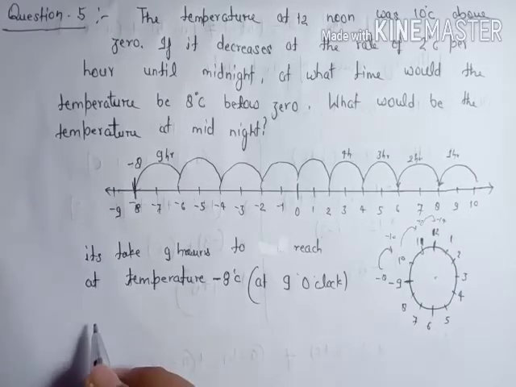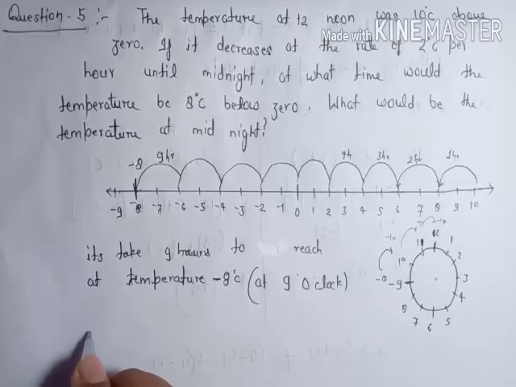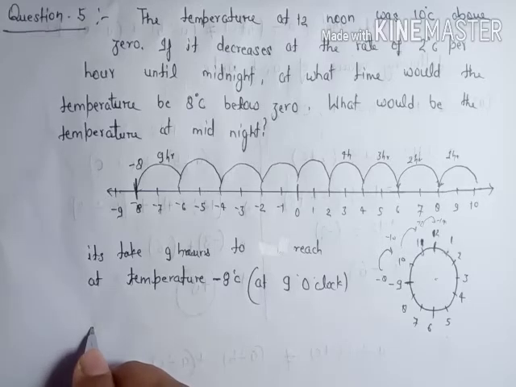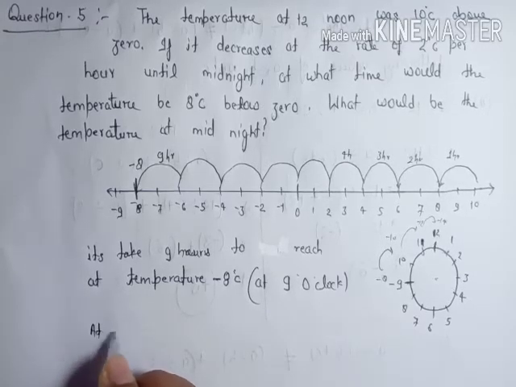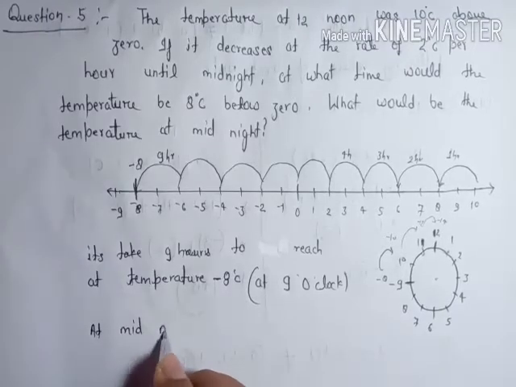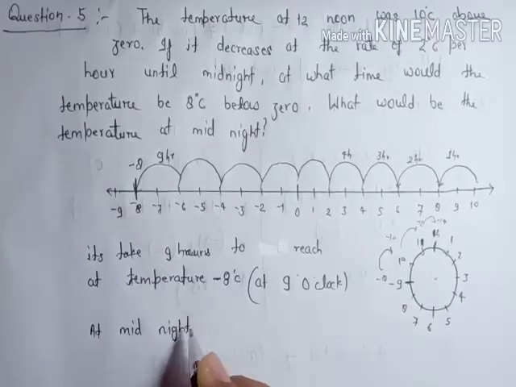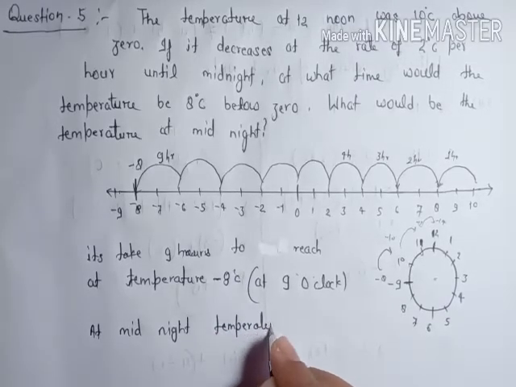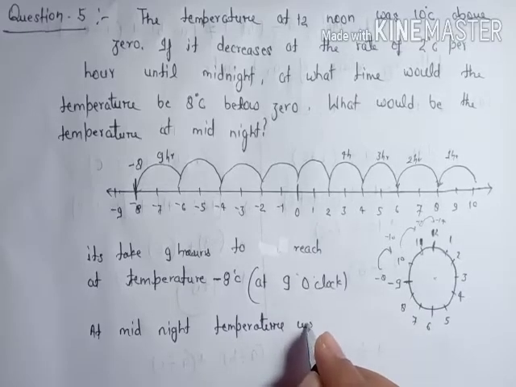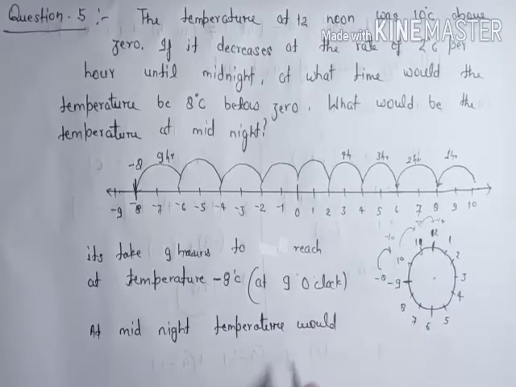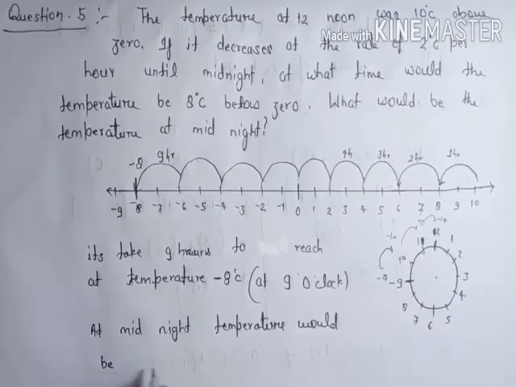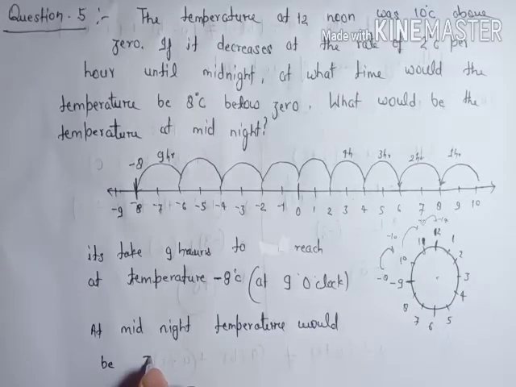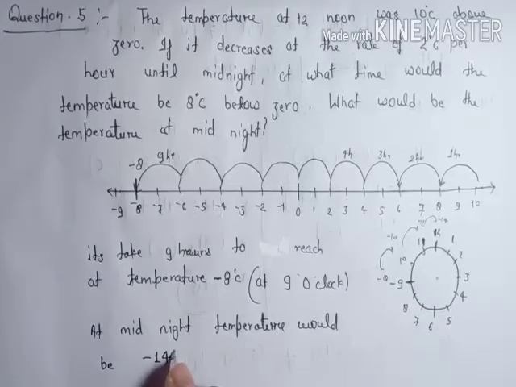So you can write here, at midnight the temperature would be minus 14 degrees centigrade.